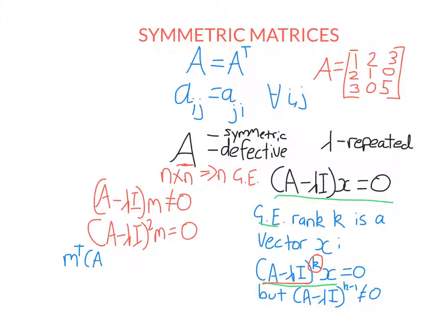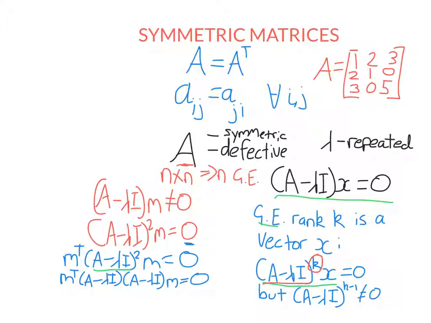That would make this a scalar, just a normal number. Whereas here we were talking about the 0 vector, here we're talking about 0 the number. So what we can now do is expand this part of the equation, because squaring is the same as multiplying by itself. And we have this.